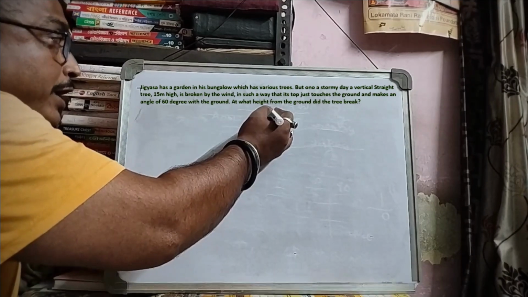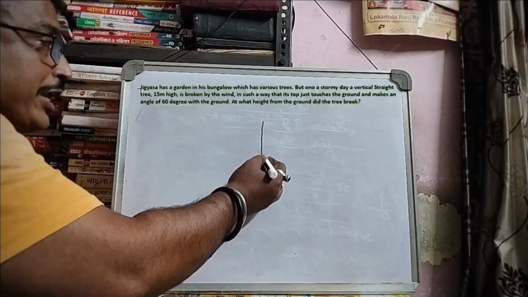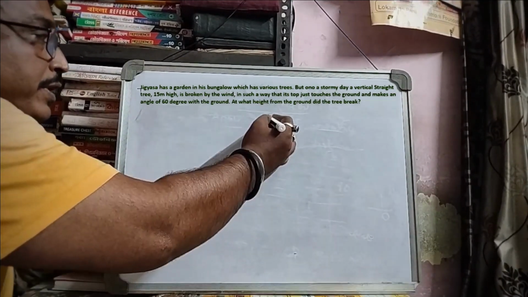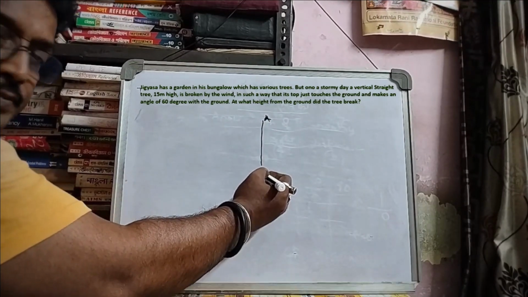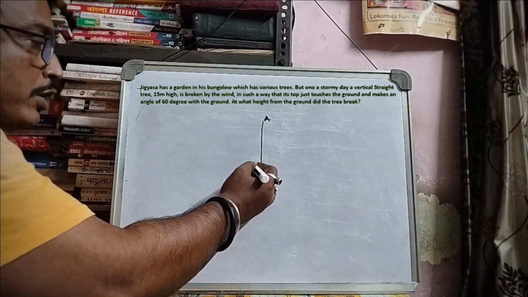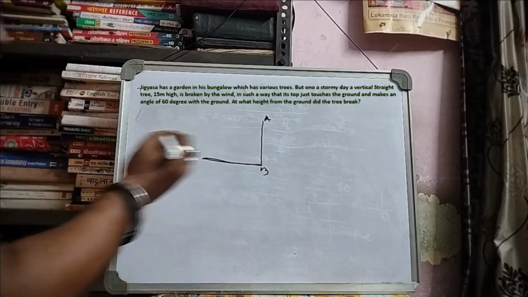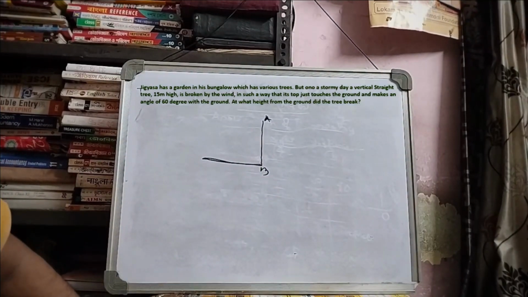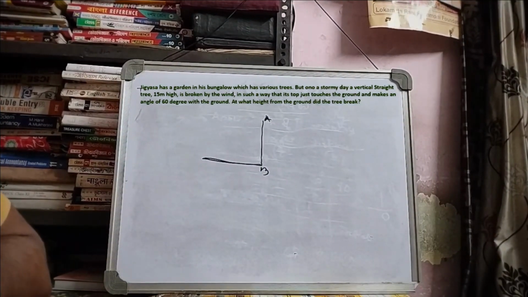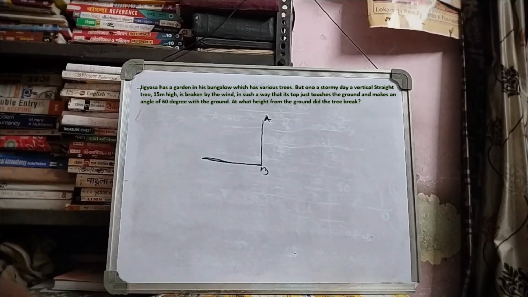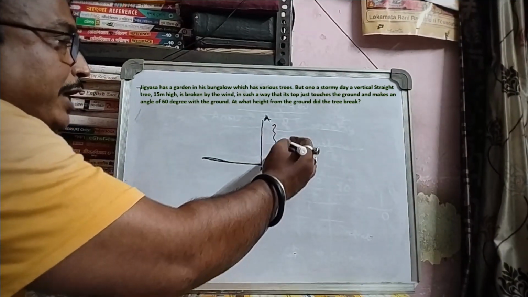बोला कि on a stormy day a vertical straight tree. Okay, this is a vertical straight tree AB, which has been broken in wind, if it is 15 meter high.